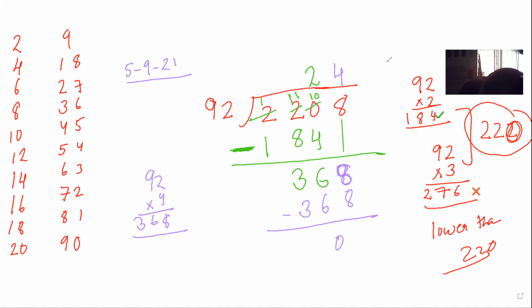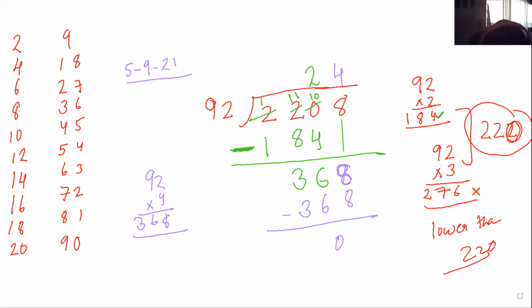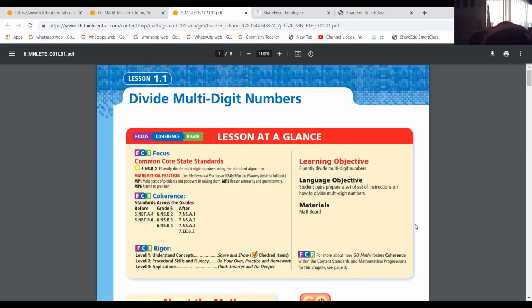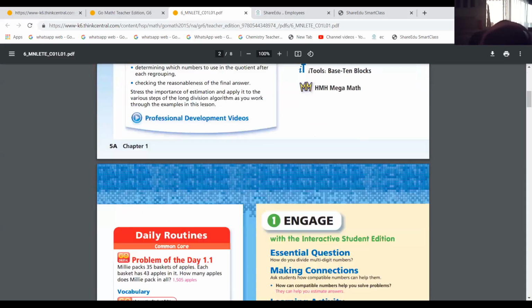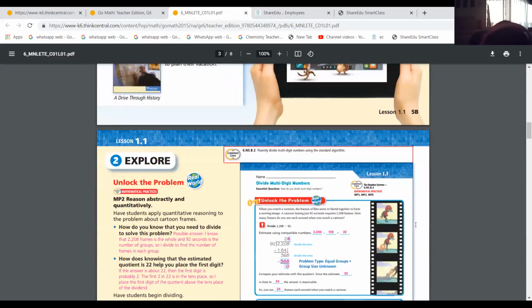Okay, now let me get back to your book. Here, please, now you must see the book and complete it. It is the same as what we did, girls, but it's step by step.